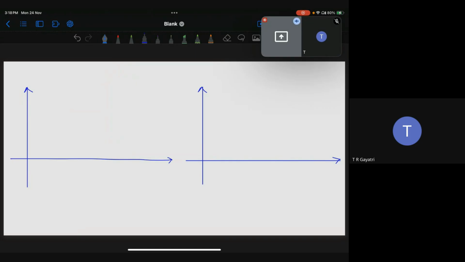The magnitude plot is 20 log mod G of j omega. The phase plot is angle G of j omega. On the x-axis we'll take 0.1, 0.5, 1, 5, 50, 100, and in the same way for the phase plot. So this is omega.